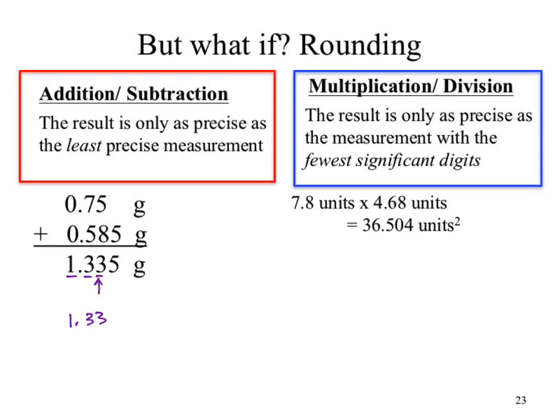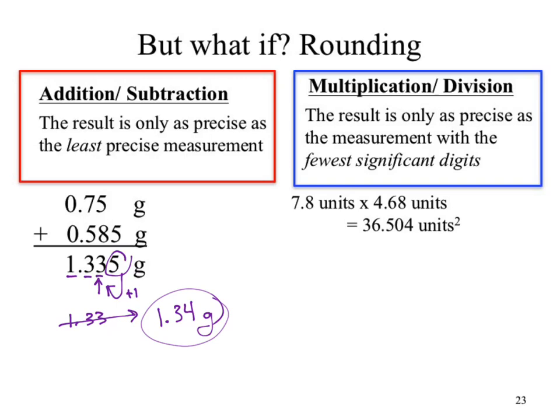The rule that I've stuck with, because it's at least consistent in my brain, is not as scientifically valid. We can talk about that later if you want. If it is 5 or larger, add 1. Because that is 5 or larger, I'm going to add 1. So my answer is not 1.33, it is 1.34 grams.